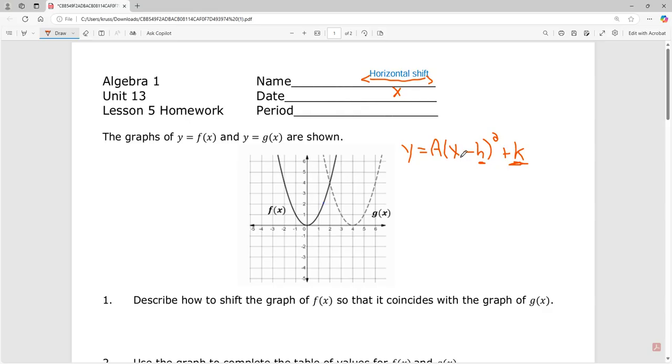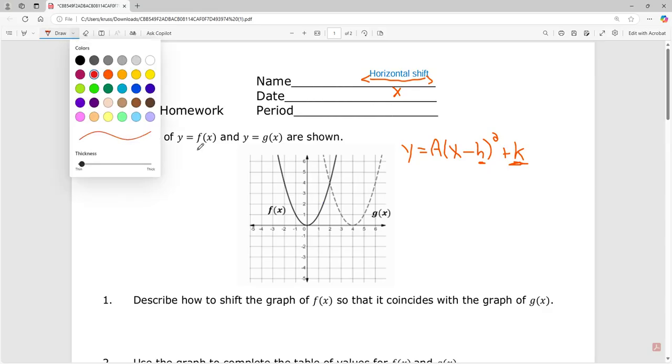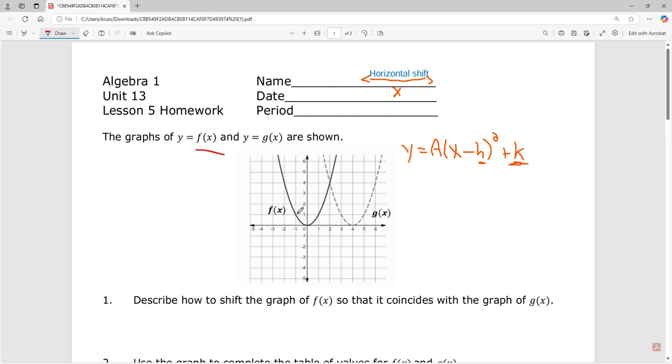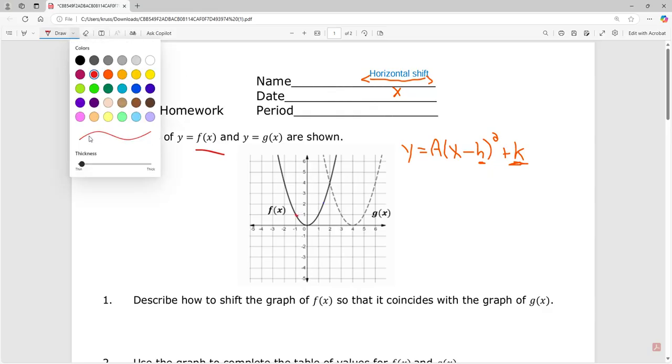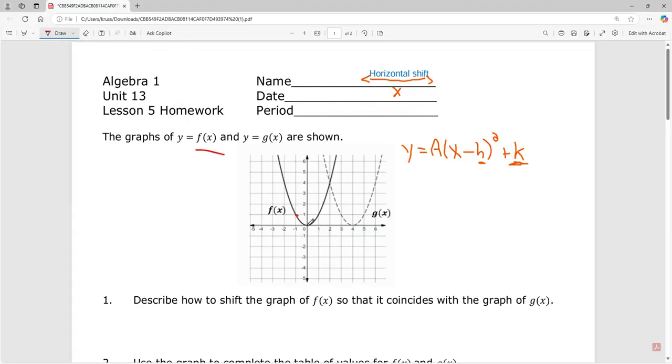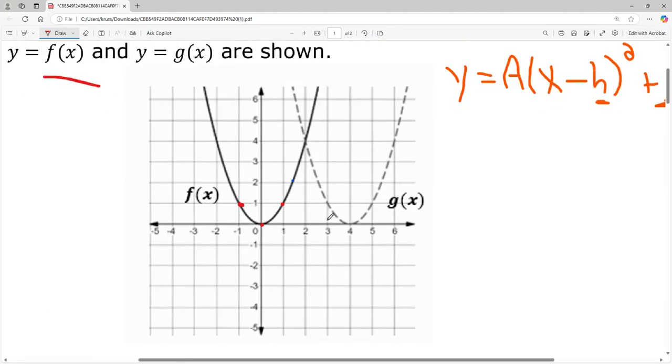So because this is a negative, if I'm going to shift, let's say I have this red one, which is f sub x. I have these points here. So at this point, this point, and this point, they all shift over.